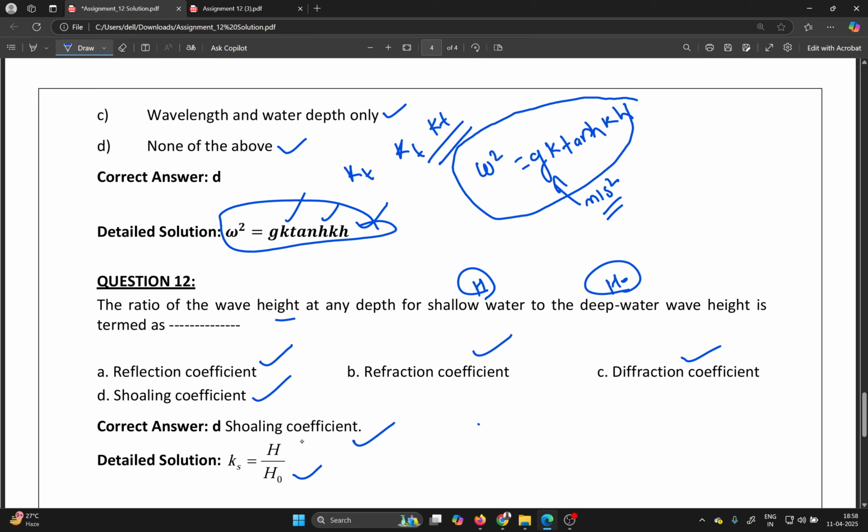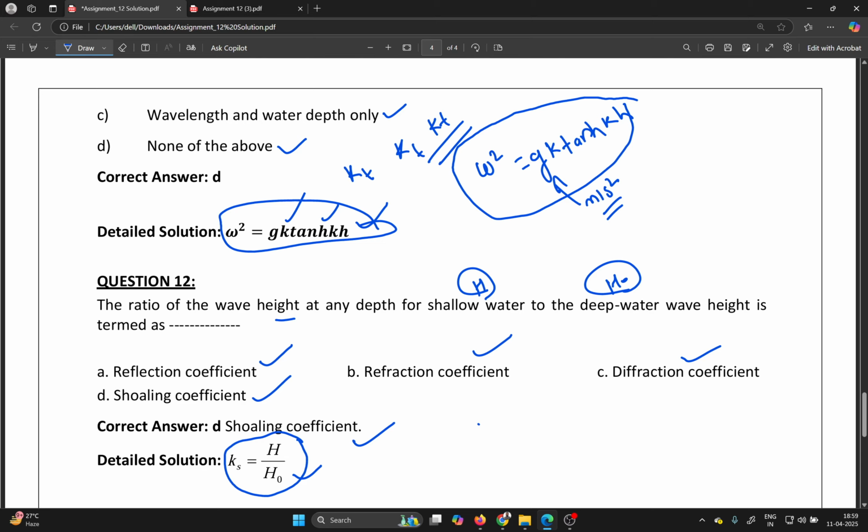Remember please. I think such type of question you may expect in your assignment, as well as some part of questions maybe you can expect in your NPTEL exam. But if you are looking from the GATE point of view, I think the wave part is not in your GATE syllabus, because some students were asking in the previous sessions whether these questions will help in GATE or not.